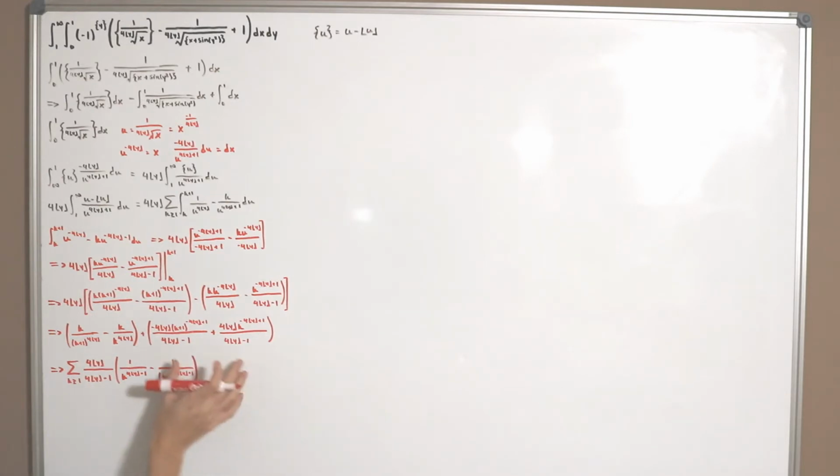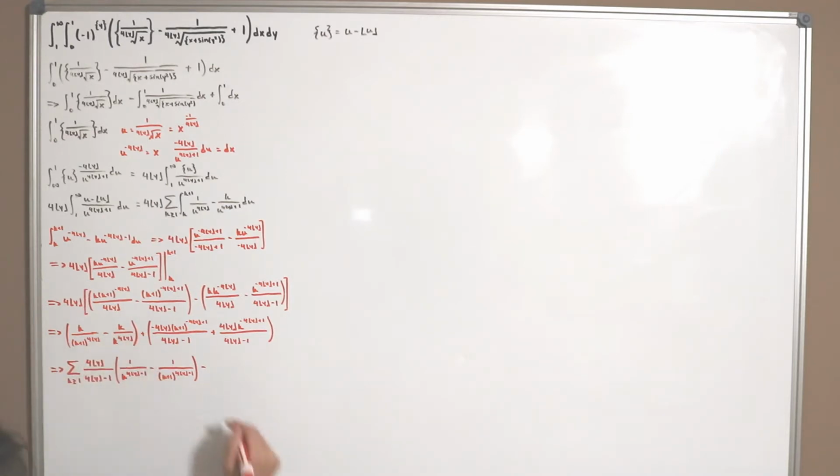Like I said, let's factor out the 4 floor y minus 1, and then subtract from this expression here. Also, if you pay attention, k divided by k to the power 4 times floor of y can be rewritten as 1 divided by k to the 4 floor y minus 1.